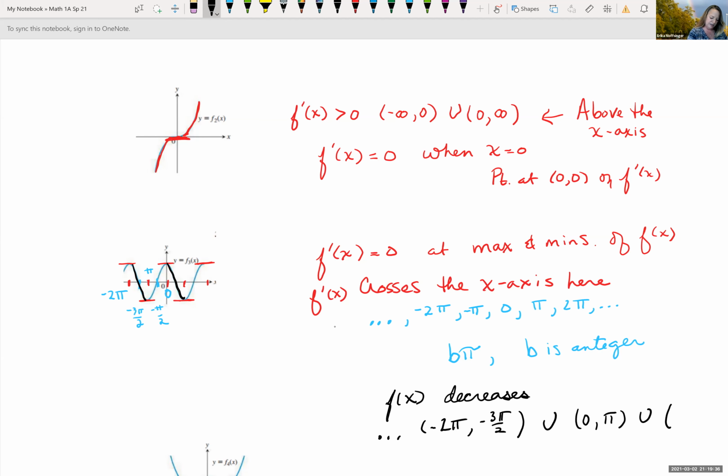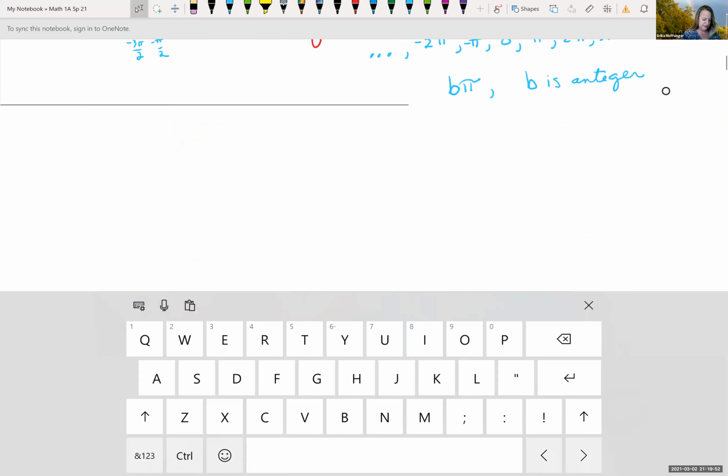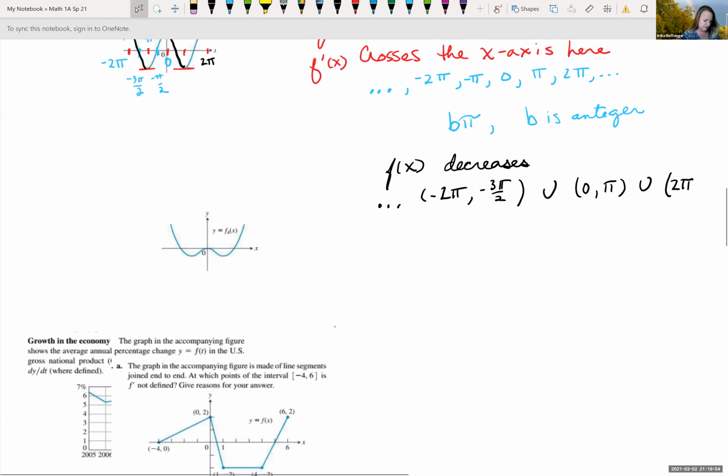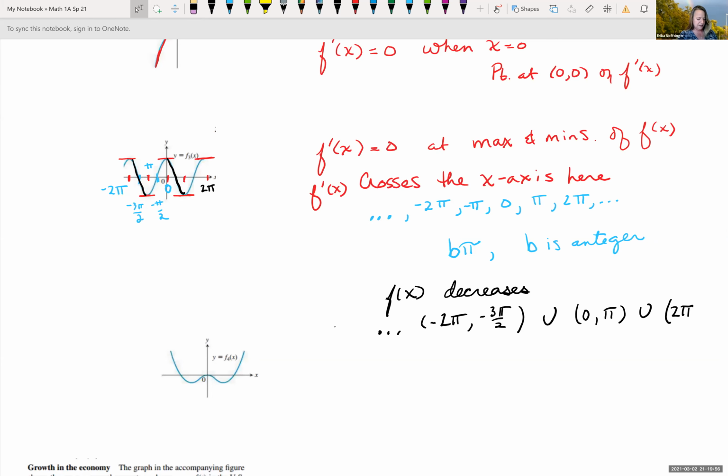Union, and then it's going to be decreasing again from 2 pi, and then add pi halves to that. So what would that be? 5 pi halves, dot, dot, dot.